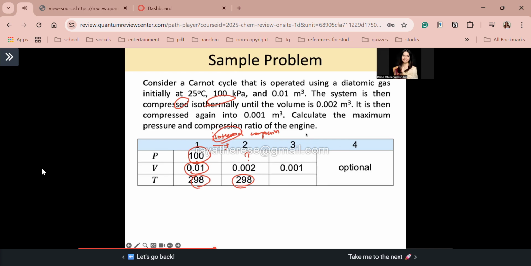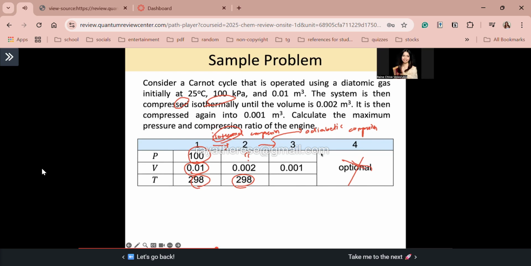Next naman, guys, after daw the isothermal compression, okay, the system is compressed again into 0.001 cubic meters. Guys, hindi sinabi na adiabatic or isothermal, but we know that after isothermal compression, sa Carnot cycle, ang nangyayari ay adiabatic compression. So, from 2 to 3, we have adiabatic compression. So, guys, hindi ko nasa-solve si 4. Okay?